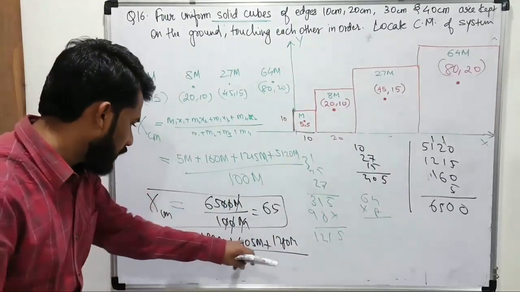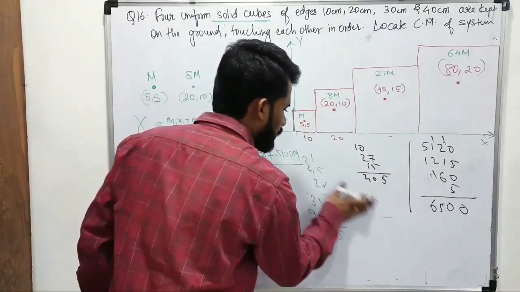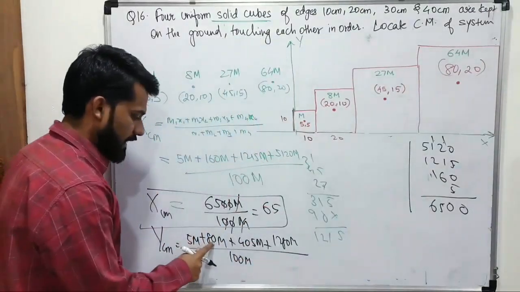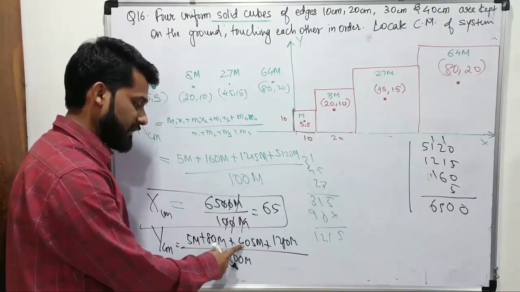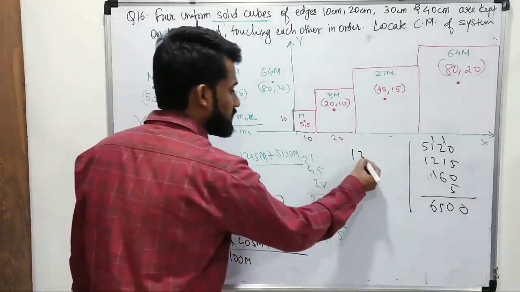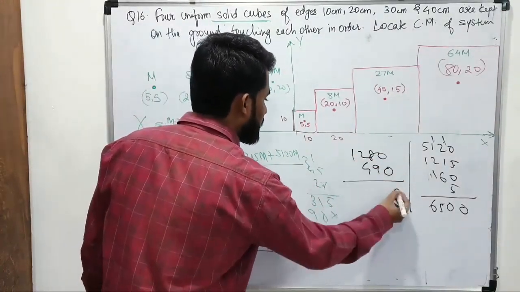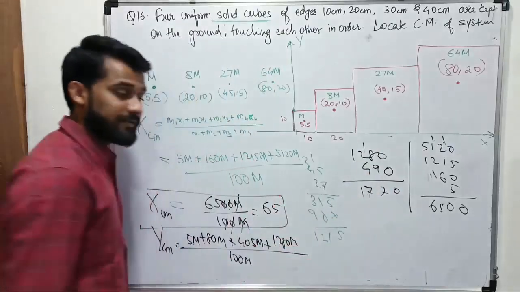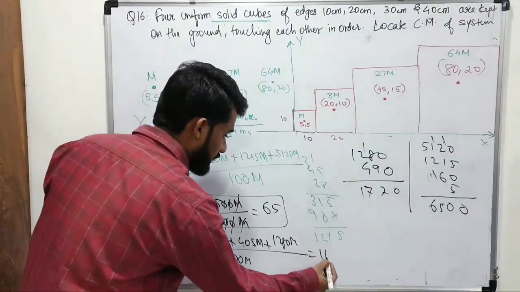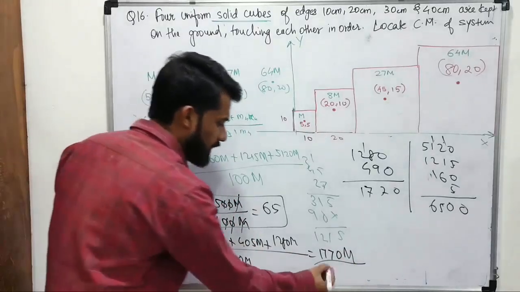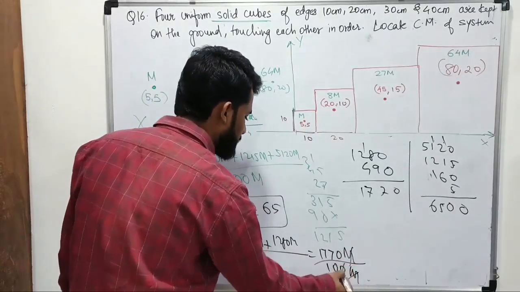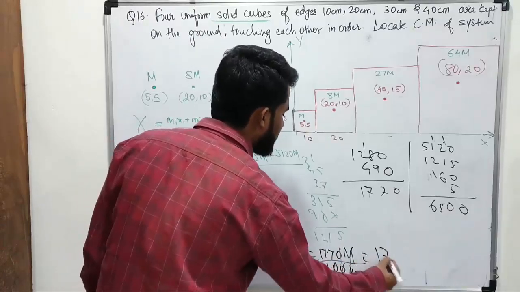Now if I add all these terms: 5 plus 80 is 85, 85 plus 405 is 490, 490 plus 1280 is 1770m, the numerator, upon 100m, m will cancel, zeros cancel, and the answer is 17.7.